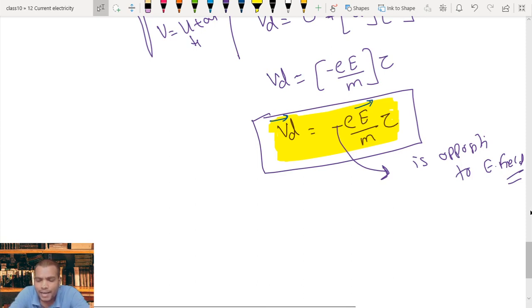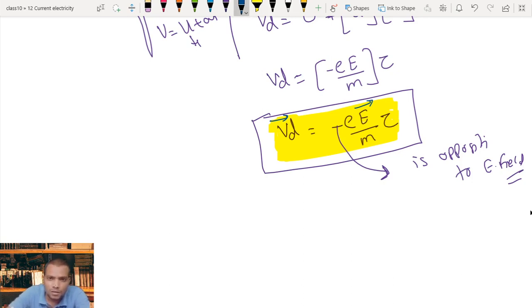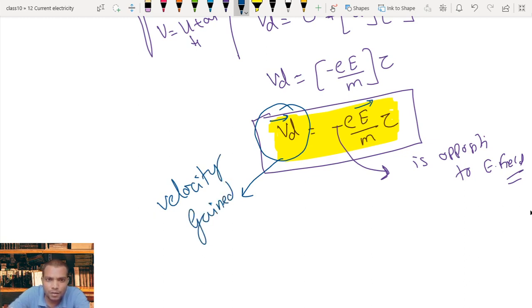It may be defined as the average velocity gained by the free electrons of a conductor in the direction opposite to the external electric field. This is the velocity gained by the free electrons.